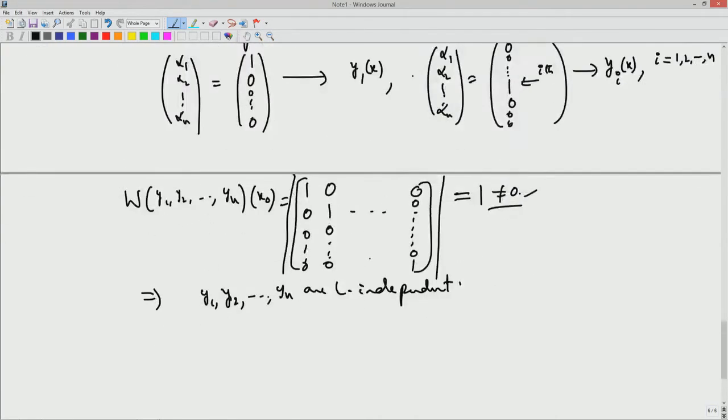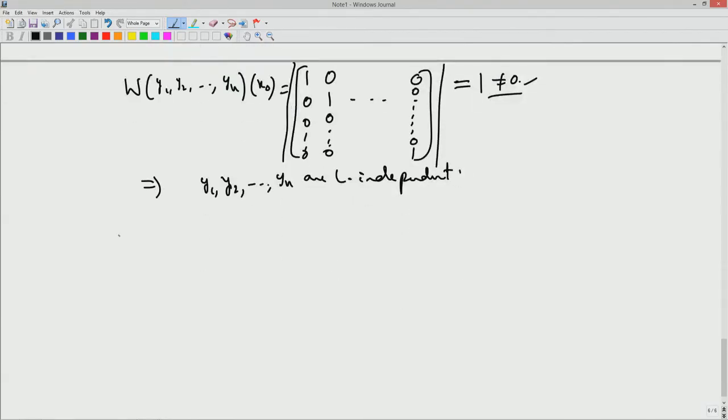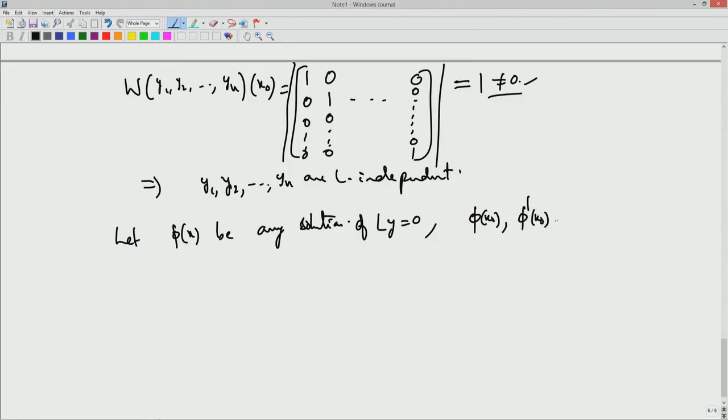Okay. So, the proof is the same way that we have done for second order. Let phi of x be any solution. If it is a solution of Ly equal to 0, that means it has n derivatives. I can calculate phi at x naught, phi dash at x naught, up to the n minus 1 derivative at x naught.